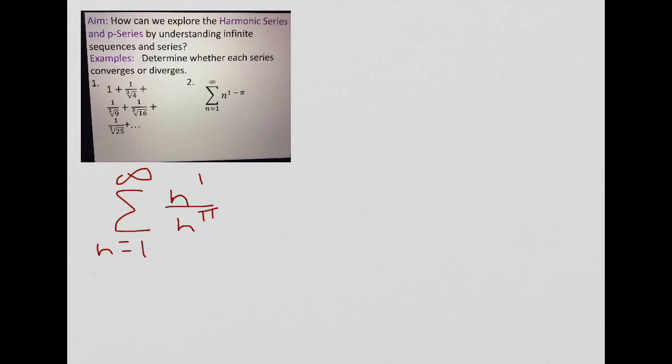Now, you may be thinking to yourself, this doesn't look anything like the p-series that you just described. There's no 1 in the numerator. Well, if I factor out a 1 over n, that leaves 1 in the numerator. I'm going to do this step by step, though you don't need to do this step by step at all.